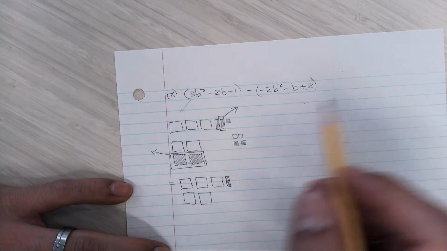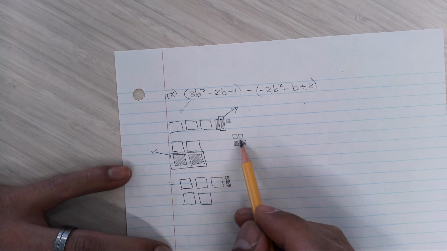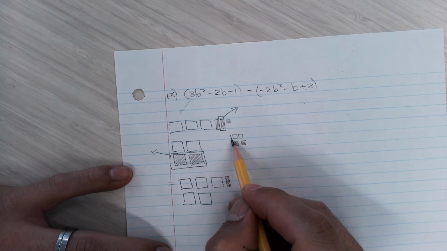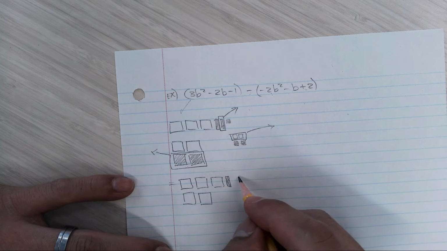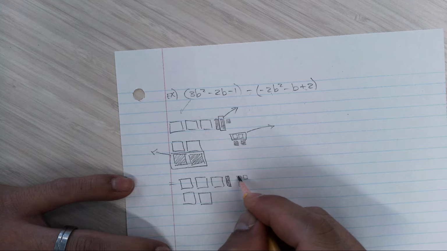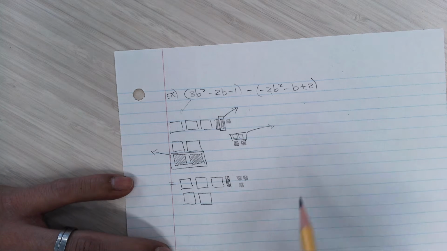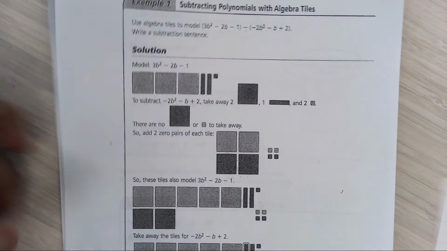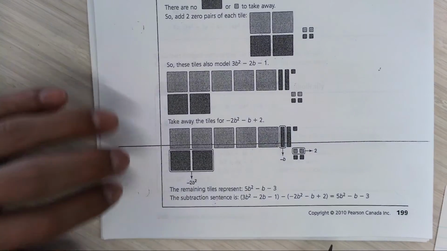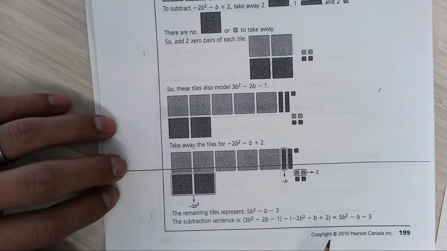Now, do you have 2 positive little ones you can take away? Yes, you do. So remove that, and now I can draw my resulting leftover tiles. This is actually what they were trying to demonstrate here, but they're trying to do them all at once.